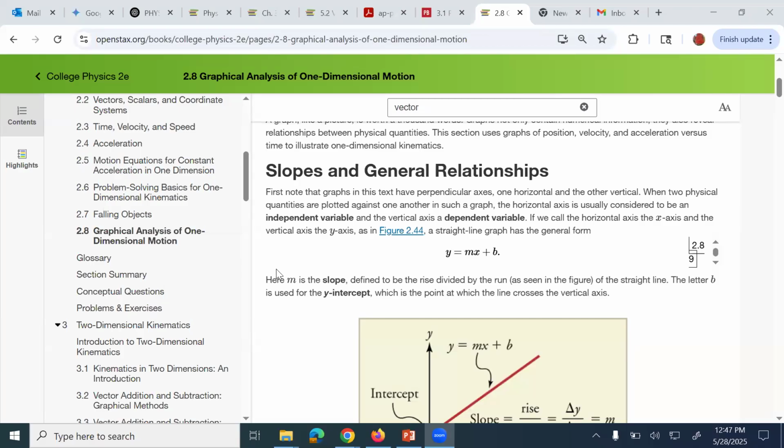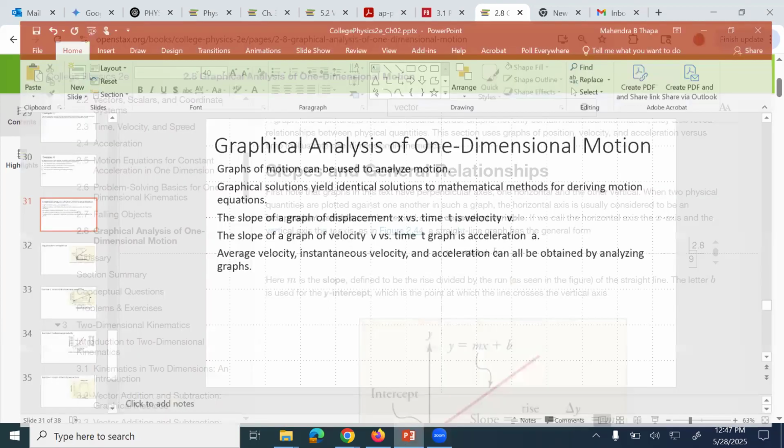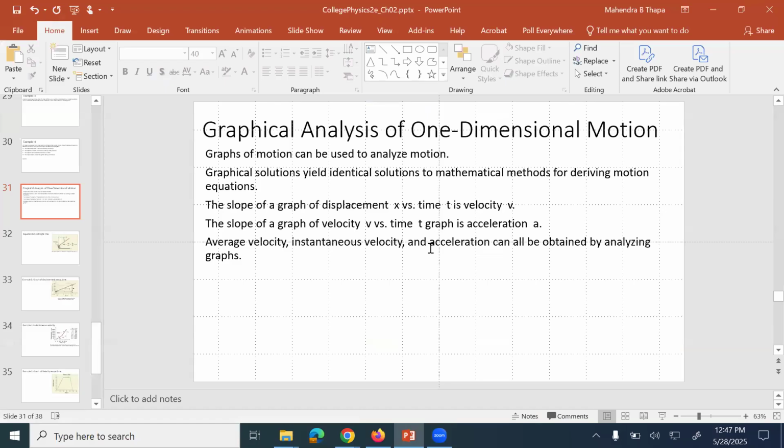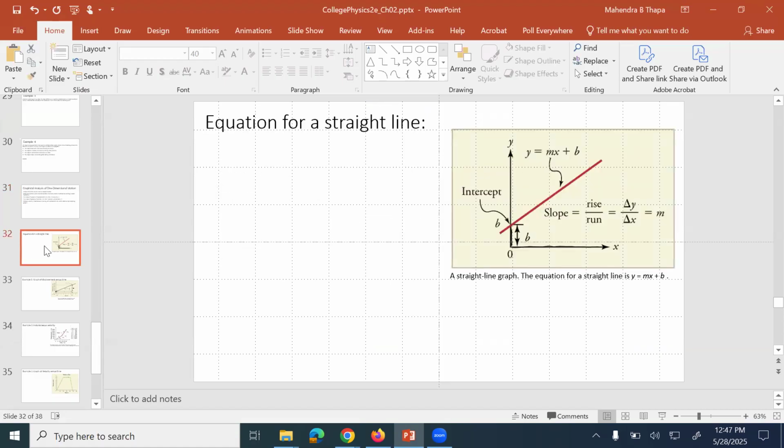Let's talk about finding the slope of a straight line. So we'll talk about the graph of displacement versus time and the v versus time. The equation of a straight line is y equals mx plus b.